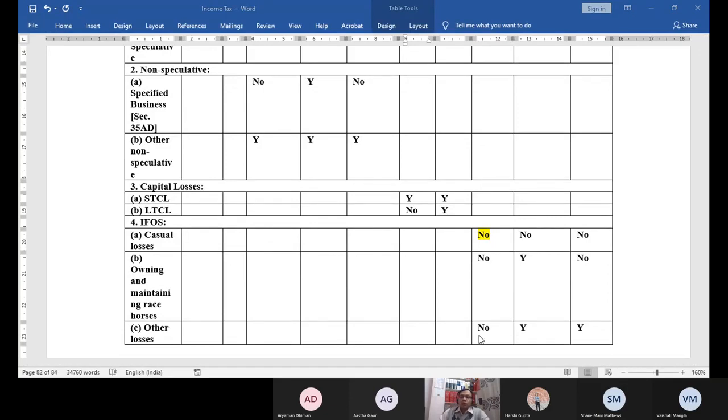Please raise your hand if the rule of intra-head is clear to you. Negative HP, positive HP allowed. Speculative loss, speculative profit only allowed. 35 AD loss, only 35 AD income allowed. Non-speculative other business losses allowed against speculative profit, 35 AD profit or other profit. Short-term loss allowed against long-term and short-term.